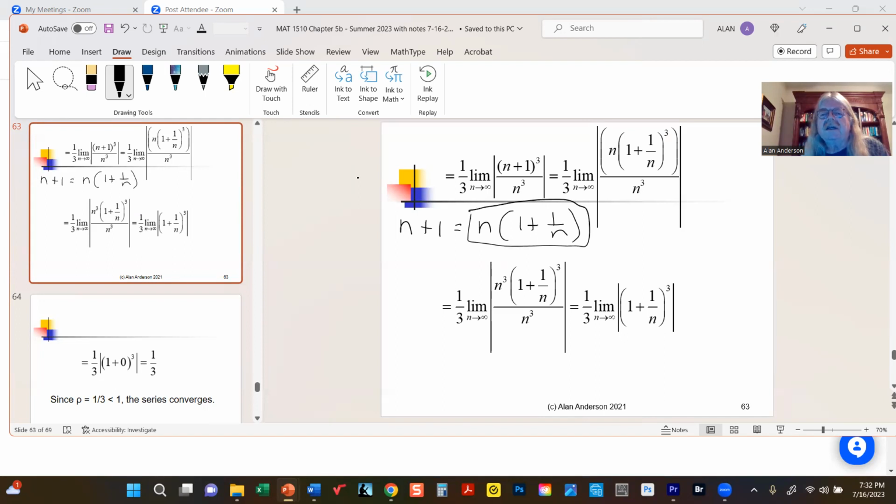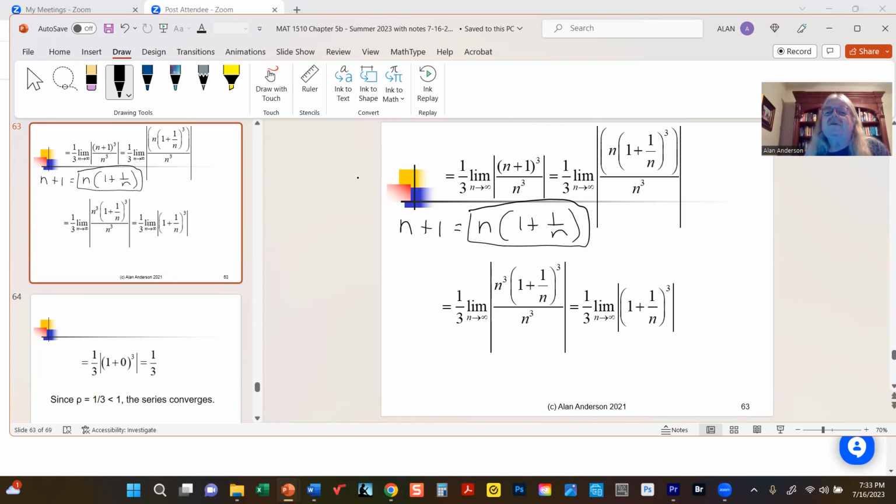You'll see why in a second. So the numerator is now, instead of (n+1) cubed, n times (1 + 1/n) cubed. You can see why we're doing this, we'll get to that in a second. In the denominator, we'll leave it as n cubed. And then we'll apply the cube to the n and to the 1 plus 1 over n.